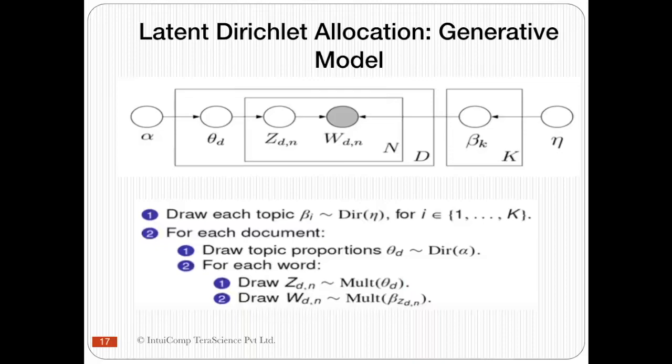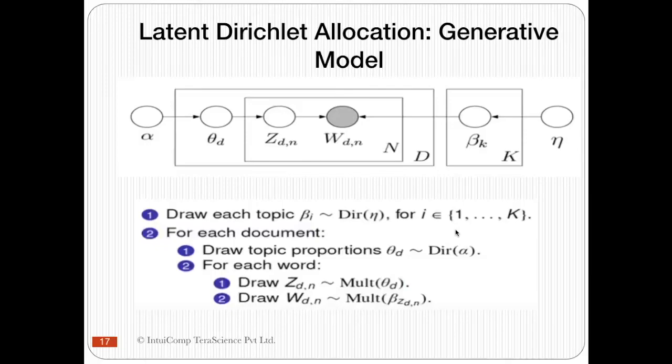Okay, so we have a hyperparameter eta, and we use the Dirichlet of eta to find beta i for all i from 1 to k. So beta 1, beta 2, beta 3 till beta k are all probability distributions. So beta 1 is basically a probability distribution of topic number 1, beta 2 is a probability distribution of topic number 2, and so on for all of these topics. So now what do we do?